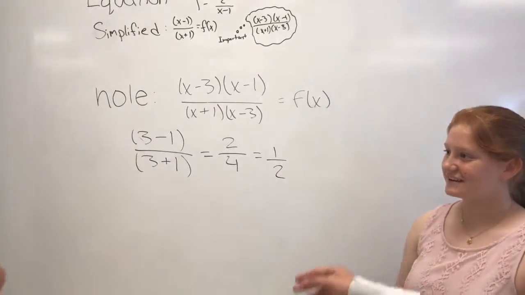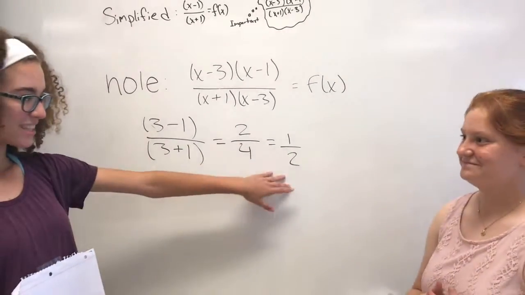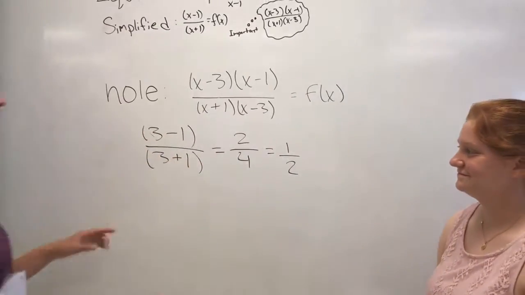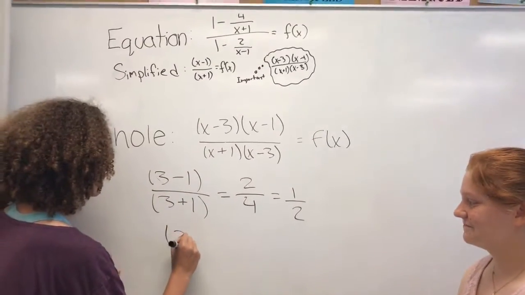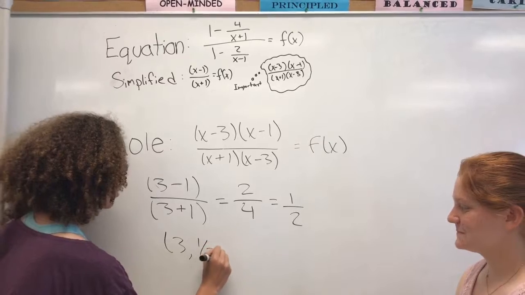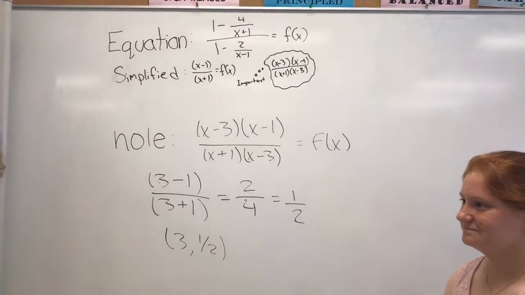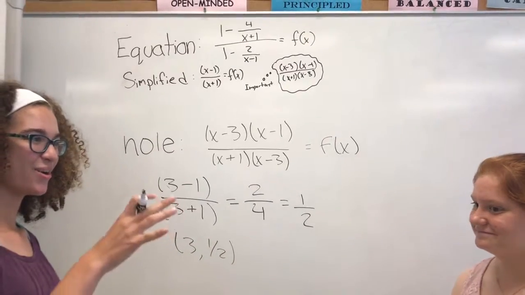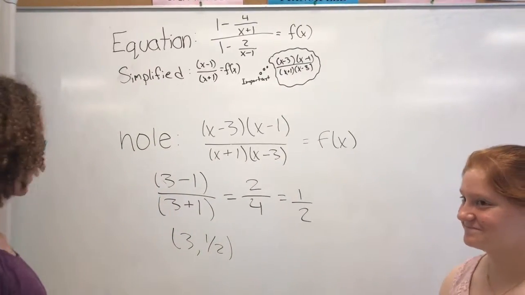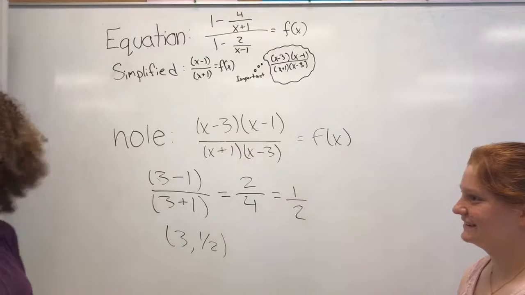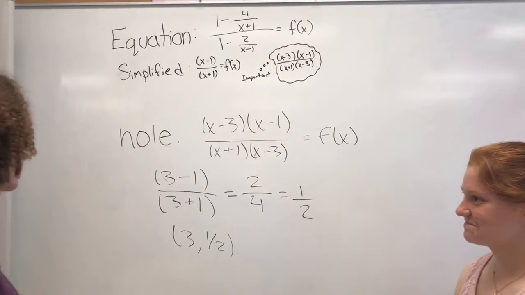So from this, we know that the hole must be at 3, 1/2. Right? So this is our hole. That's the point where it doesn't exist on our graph. So we need to justify why this is a hole.